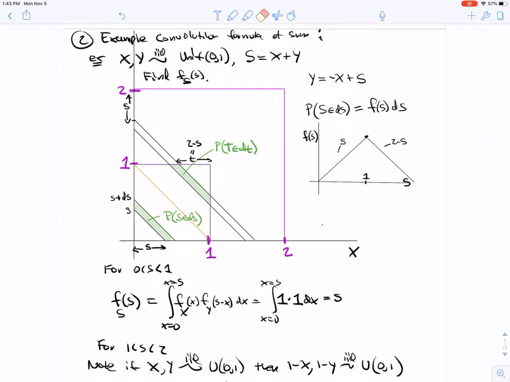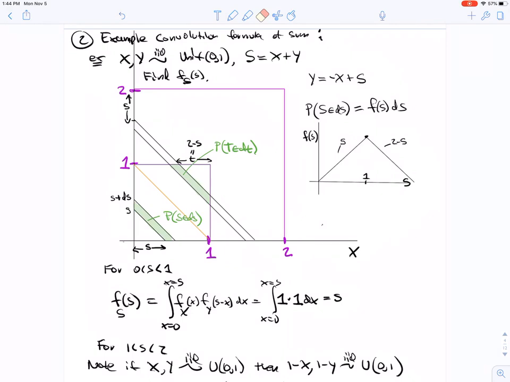Next we look at the density for the sum of two IID standard uniforms. Note that the probability that S is in ds, as S runs from 0 to 2, needs to sum to 1. You can see that when S is between 0 and 1, the probability for S to be in ds increases.